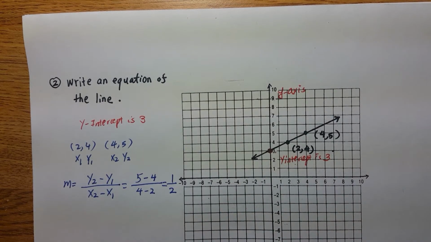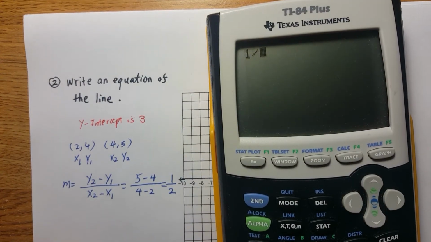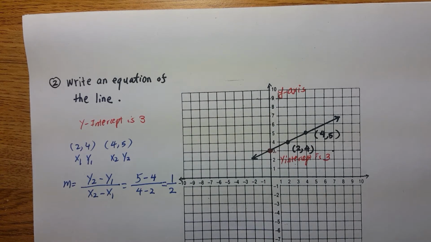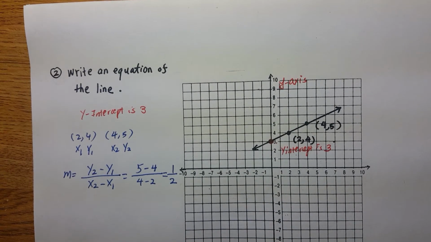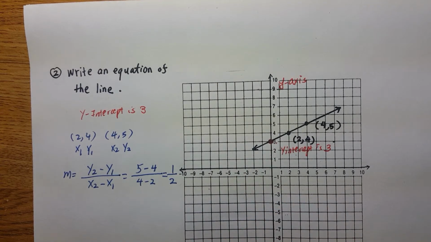We got a fraction. If you want, you can use a calculator: 1 divided by 2 is 0.5. We can leave it as 1 over 2. We prefer to keep our slope as a fraction instead of a decimal, even though they're equal.